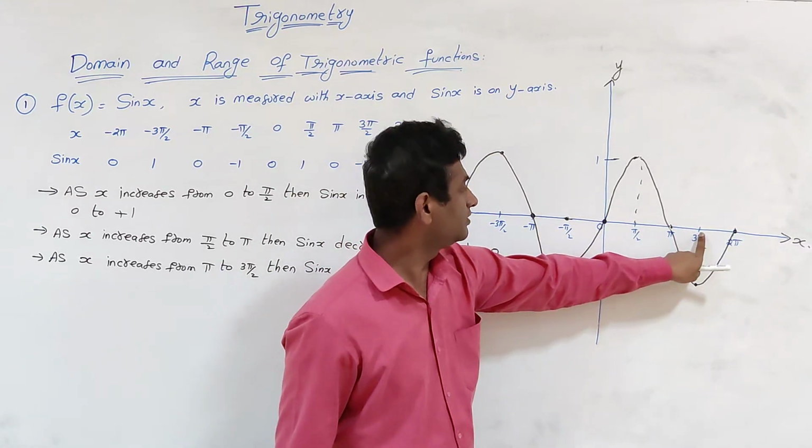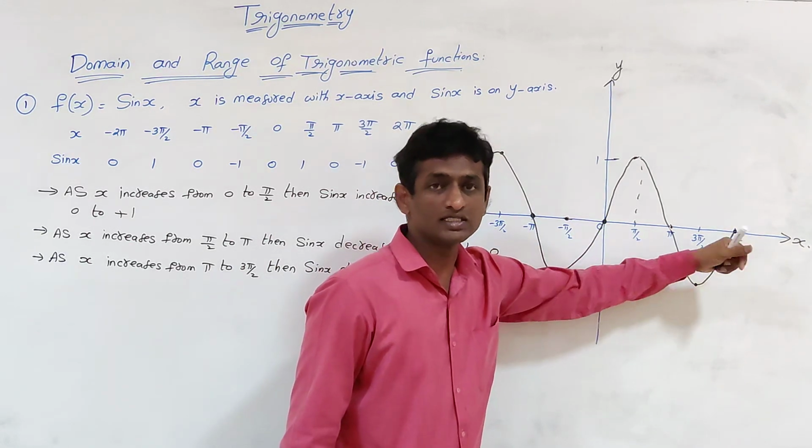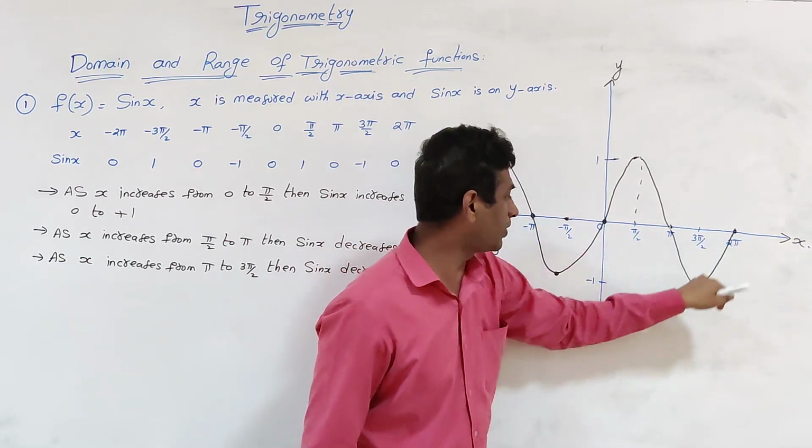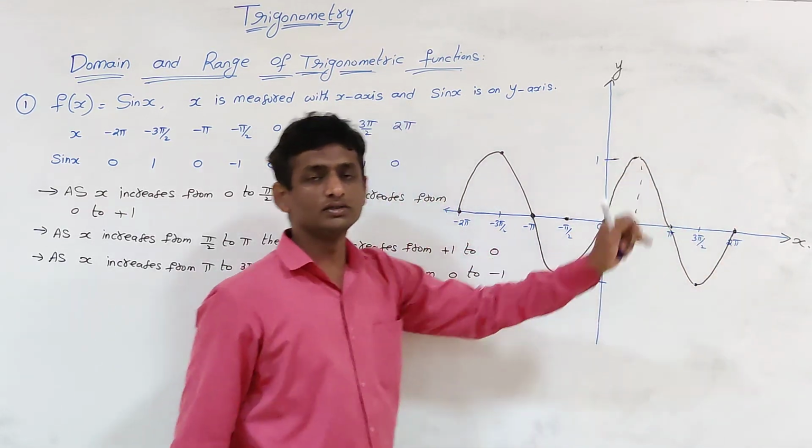Again, when x moves from 3 pi by 2 to 2 pi, as x increases from 3 pi by 2 to 2 pi, again it starts increasing and it reaches 0.